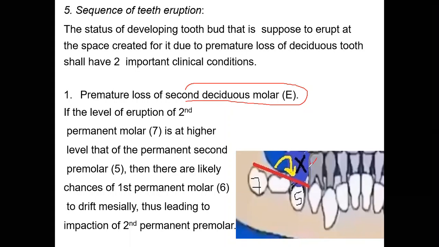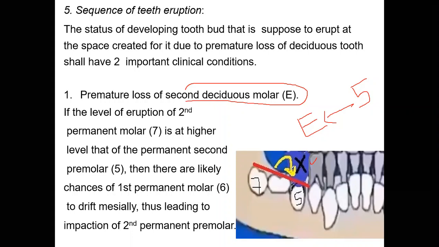If the second deciduous molar is exfoliated due to any reason, there is a premature loss of the deciduous second molar. We know that the space of E will be replaced by 5, the second permanent premolar. That is called 5.